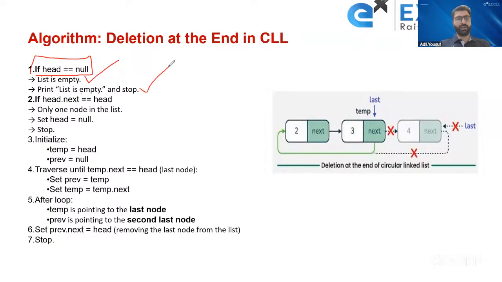Then we'll go to if head dot next is equal to head. So what does this mean if head dot next is equal to head? Can anyone tell me what this is?